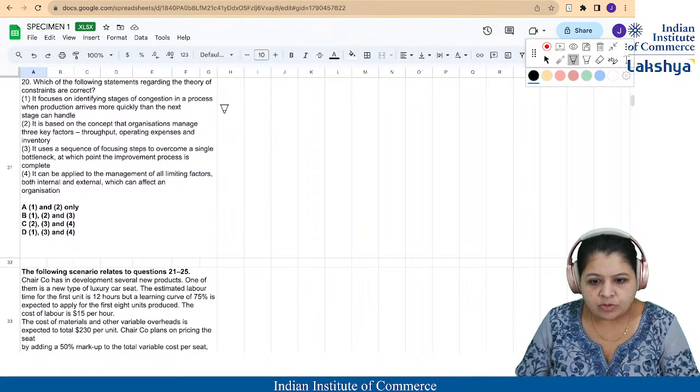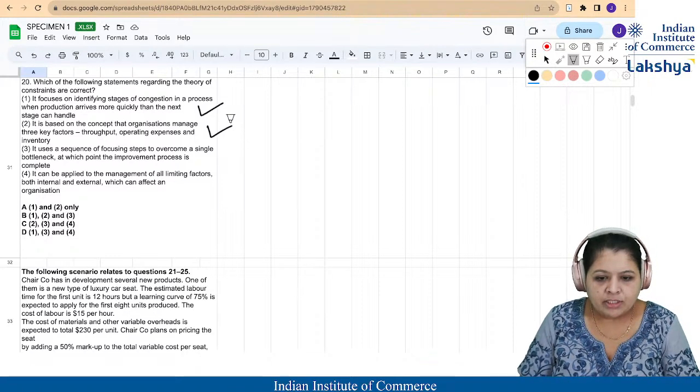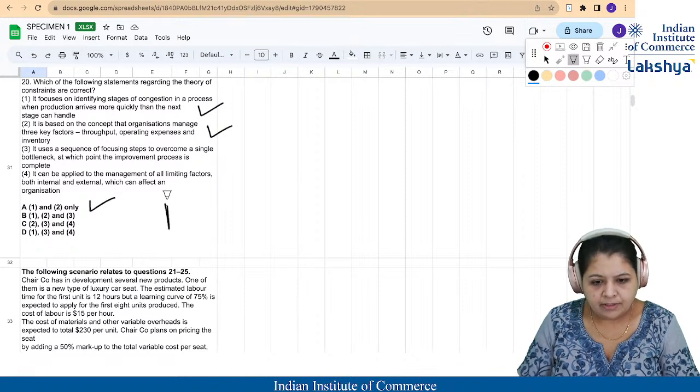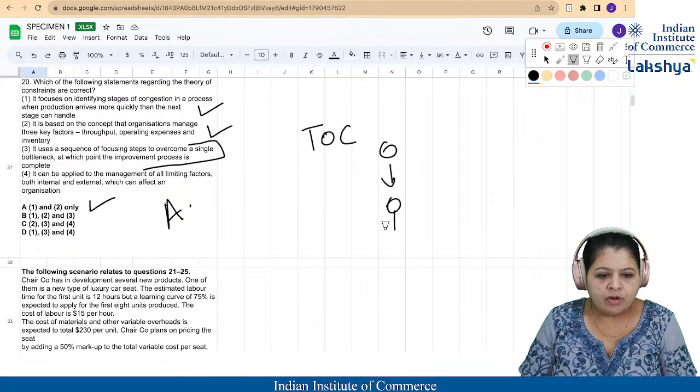Right? So obviously it is going to be one and two because theory of constraints identifies the processes and then works on the next stage to handle it, based on the concept that the organization manages three key factors. So your A is obviously your correct answer, right? Focusing on steps to overcome a single bottleneck at which the improvement process is complete, but then it keeps on, if you remember TOC, the stages keep on revolving and finding out the new bottleneck also, right?